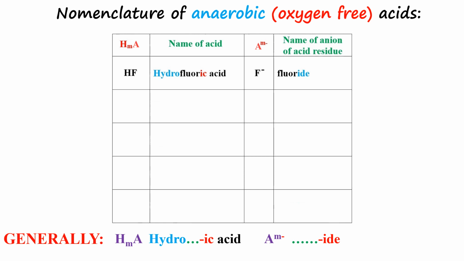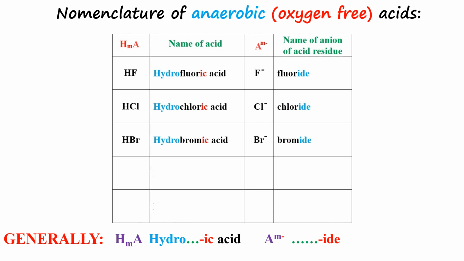When we create the name of this anion, we write down the name of the element and add the suffix -ide. The second acid, HCl, again, we start its name with the prefix hydro, then the name of the central atom, and at the end of the name we write down the suffix -ic.